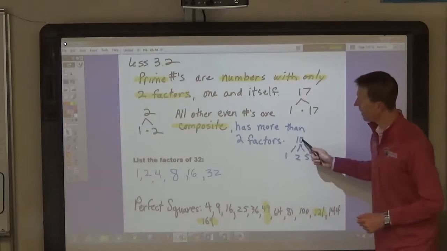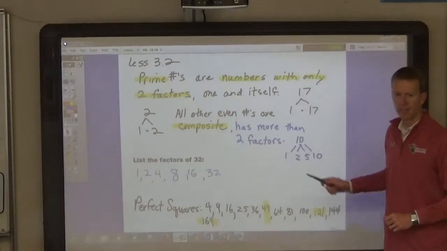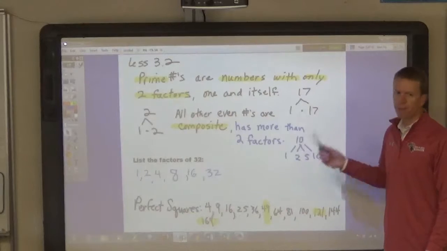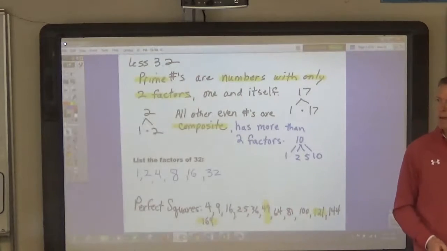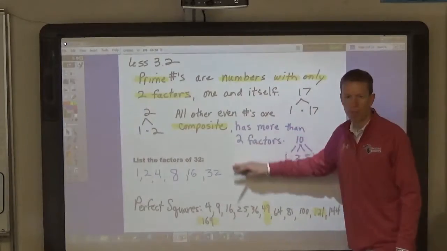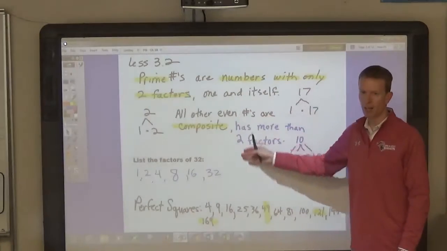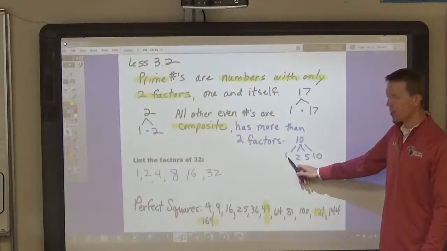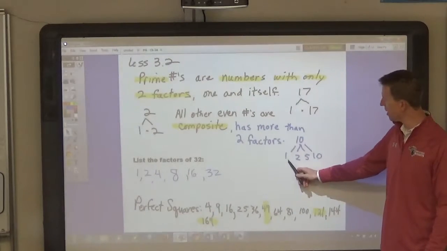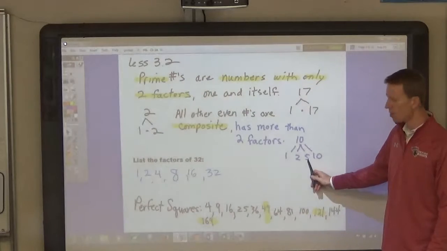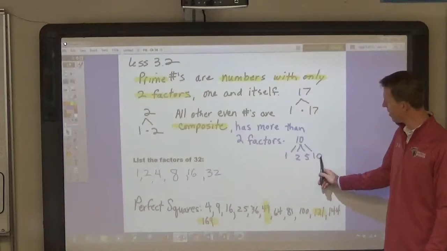Versus a number like 10. 10 is called a composite number because you can use different combinations of numbers to make the number 10 when multiplying. And we're always talking about multiplying here. Not adding, but multiplying. So, we can make the number 10 using 1 times 10.